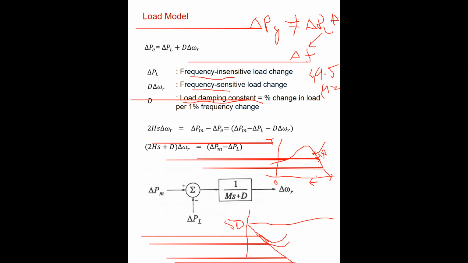Thus we say the control of frequency in a microgrid is much more difficult than in a conventional power system, because a conventional power system will have some amount of machine motor load, and thus it will have a few dynamics involved here, right?